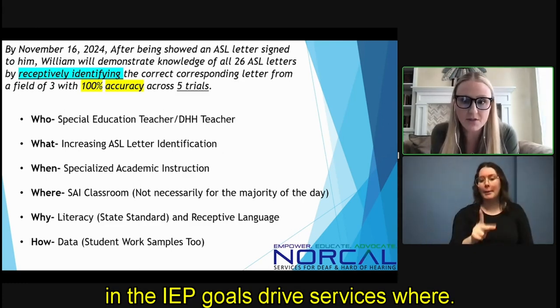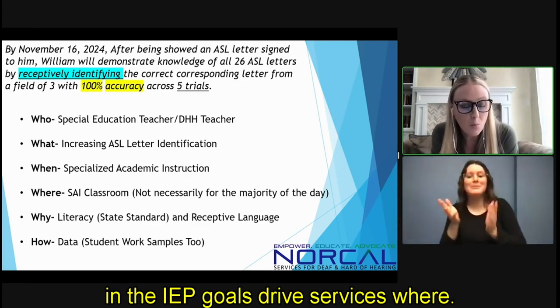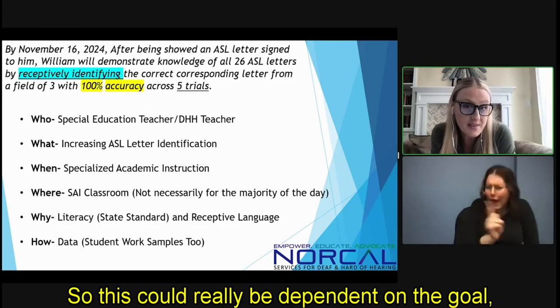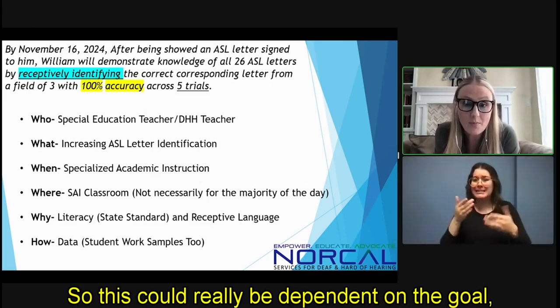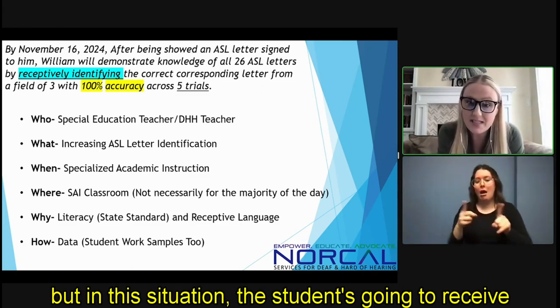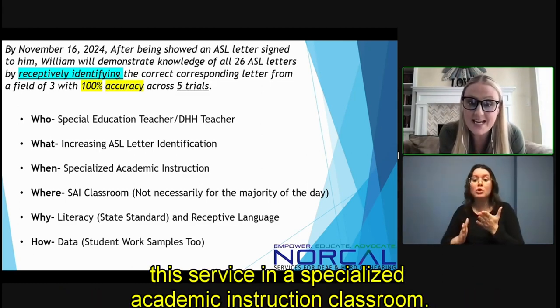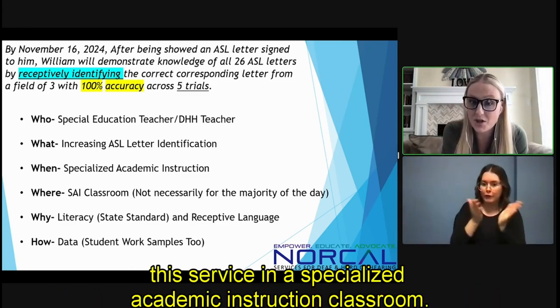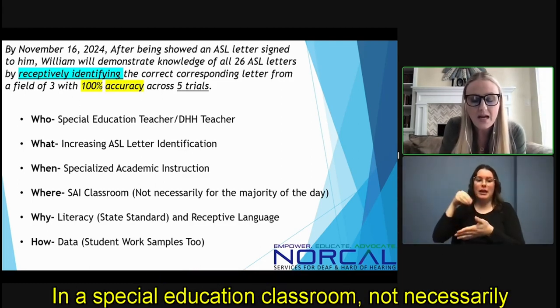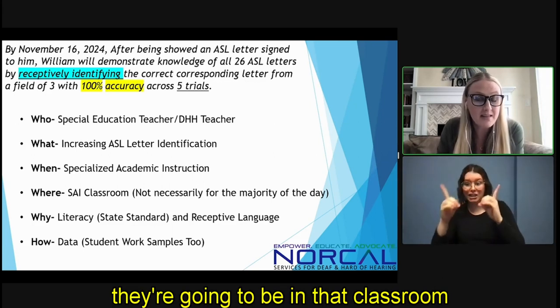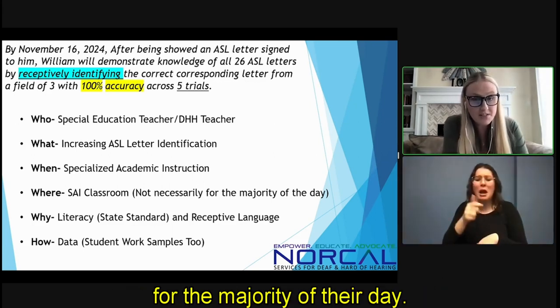Goals drive services. Where? So this could really be dependent on the goal, but in this situation, the student's going to receive this service in a specialized academic instruction classroom, in a special education classroom. Not necessarily they're going to be in that classroom for the majority of their day.